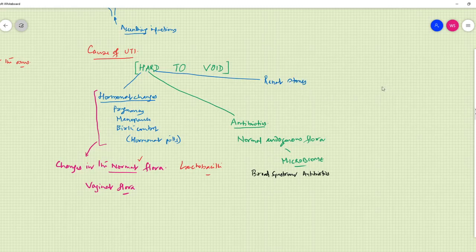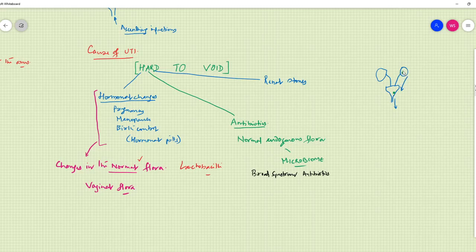Okay. So if we, let's draw it again here. Okay. So the urine is flowing down and out of the urethra. Now, if there is an obstruction, suppose there is an obstruction to the flow of urine.